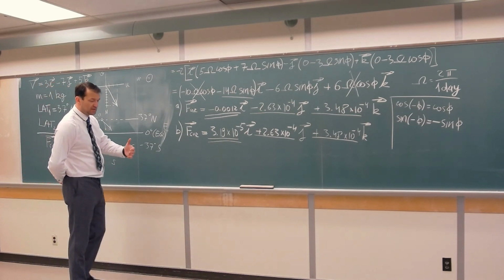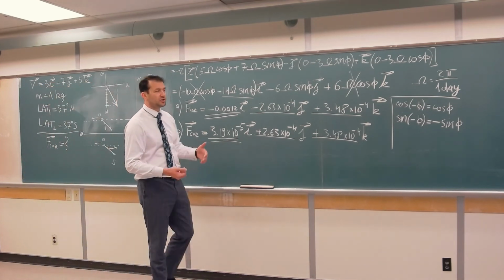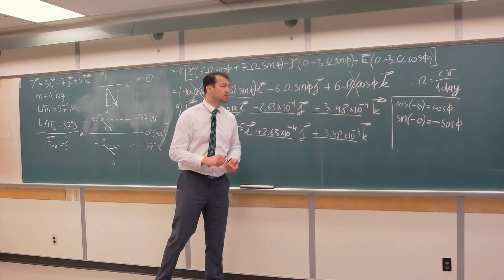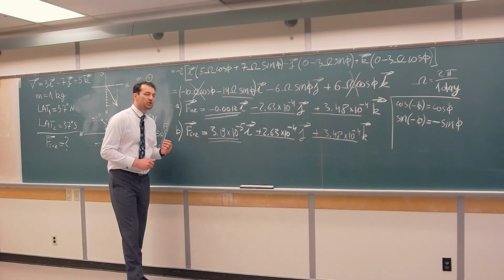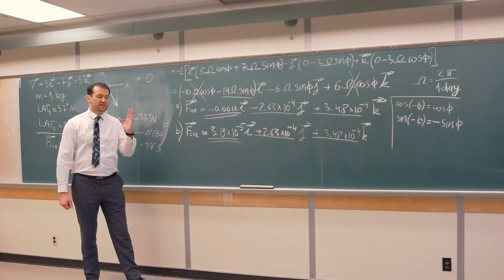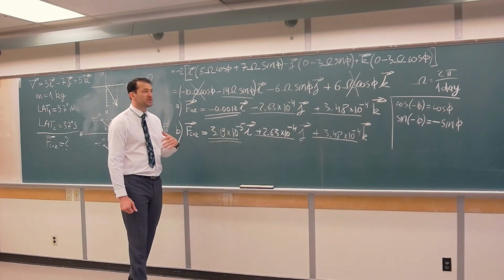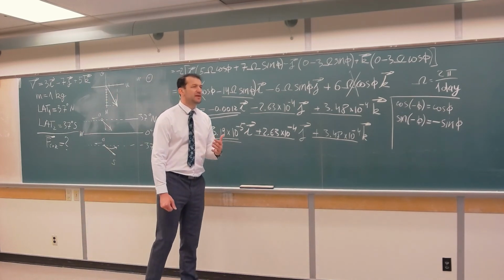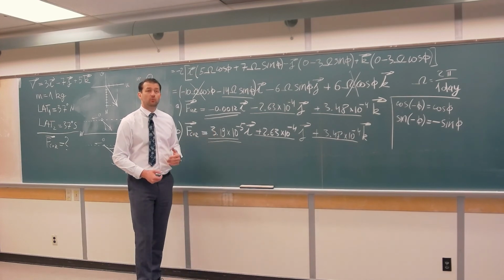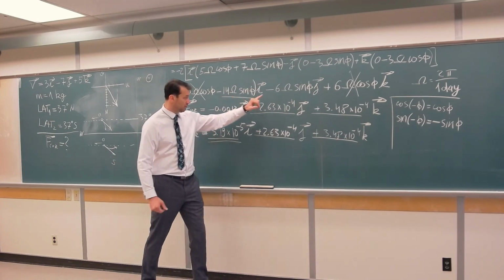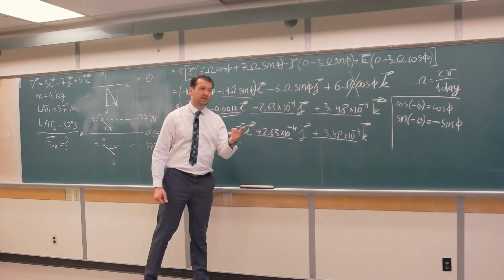Vertical motions in the atmosphere, especially at large scales, synoptic scales and beyond, planetary scales, are very, very weak. So vertical motions result in a Coriolis force that is very, very weak compared to the horizontal components of the Coriolis force, and these are two horizontal components that are very important.